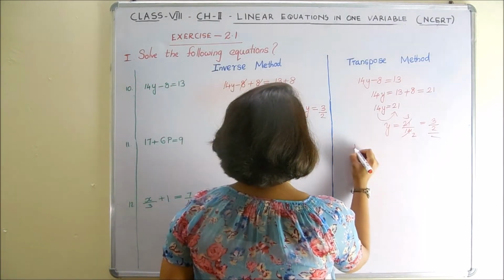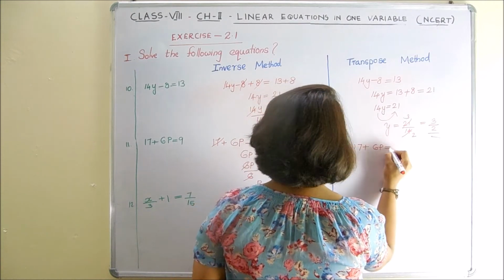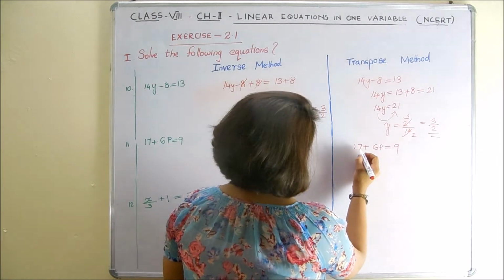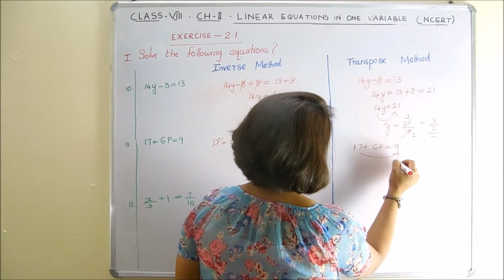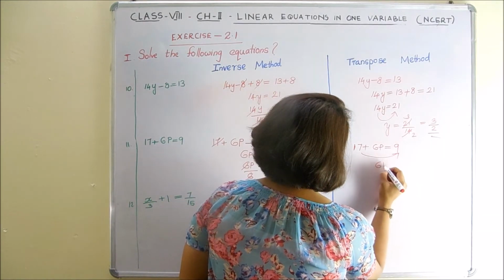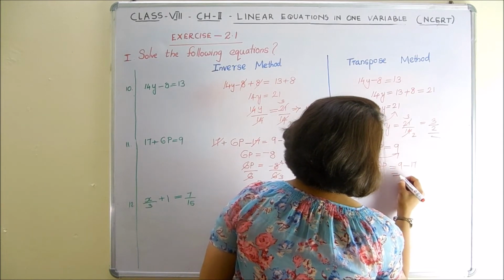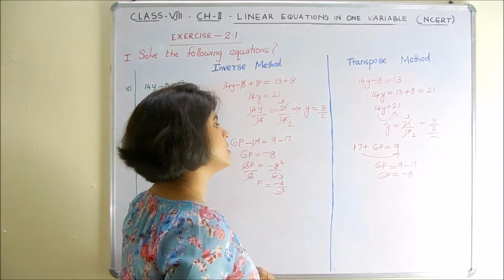And how can we solve using transpose method? 17 plus 6p equal to 9. Here we can eliminate this 17 by transposing it into right hand side as minus 17. So the equation becomes 6p equal to 9 minus 17, which is equal to minus 8. Right, 6p equal to minus 8.